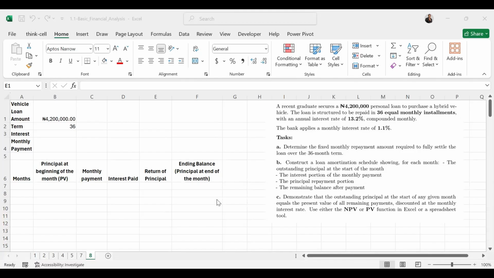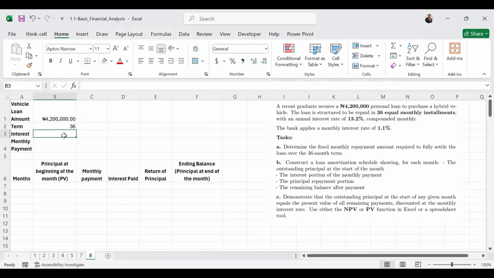Now, this is what the question is, and we are going to break it down piece by piece. So this is the vehicle loan amount, 4.2 million, and the term is 36 months. Now, the interest that we are going to be applying will be the monthly interest rate, since we are working with the 36 term.